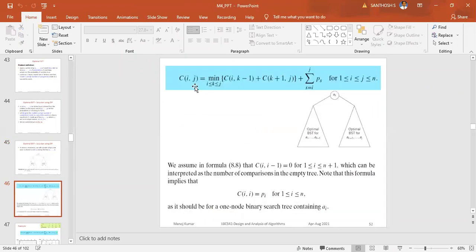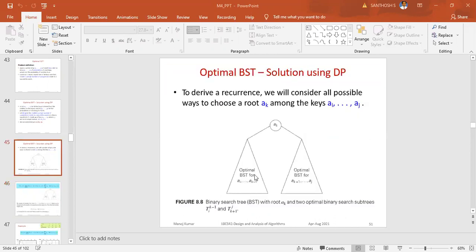So that we can give as C of ij is equal to the min over k of C of I to k minus 1 and k plus 1 to j. Here you can see it is starting at I, ending at j, in between you are having k. The element before AK is k minus 1, the element after AK is k plus 1.